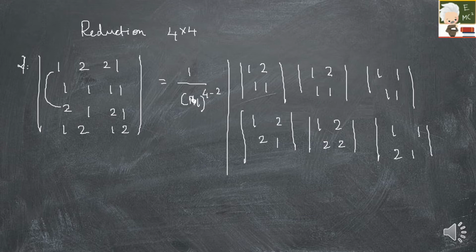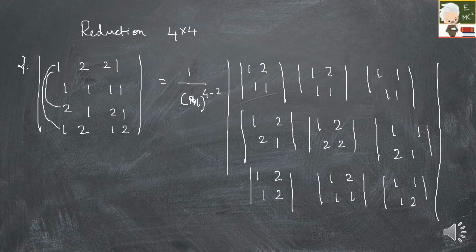Got it? And the last would be for the first and fourth rows: 1, 2, 1, 2, then 1, 2, 1, 1, and the last one 1, 1, 1, 2. Hope everyone got this.